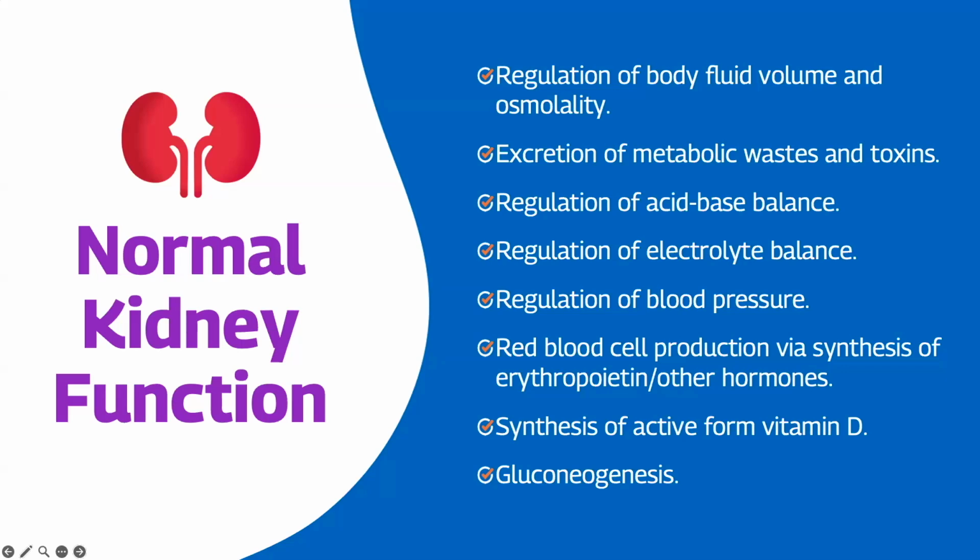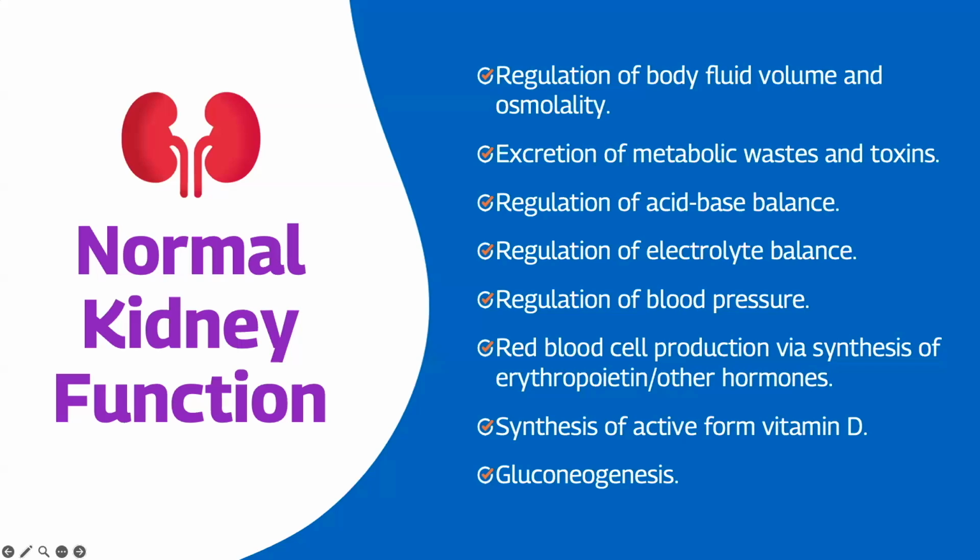They also excrete metabolic waste from the body, such as urea, creatinine, nitrogen, uric acid, and certain drugs and toxins. The kidneys also regulate the acid-base balance of body fluids through hydrogen ion excretion and bicarbonate reabsorption. They also regulate the balance of electrolytes, definitely including sodium and potassium.